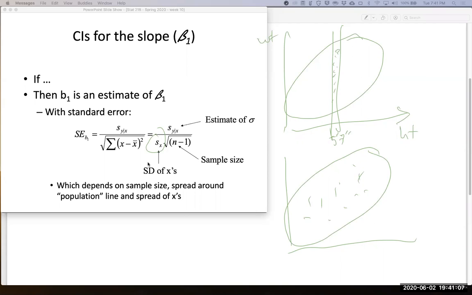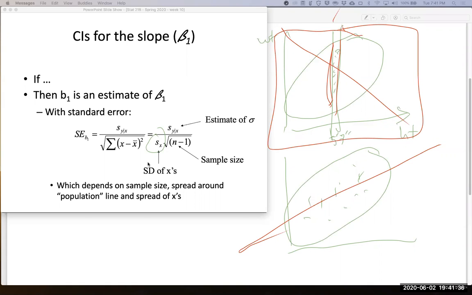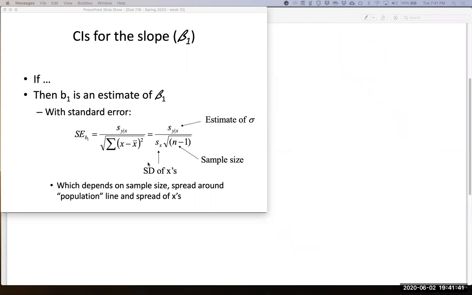My thought again is if you were to show me the data, it's going to be a lot more precisely estimated with a sample with a greater spread of the x's than with all the data in a very narrow range of the x's, where the slope could even be negative because we're only limiting ourselves to a very narrow range of the x's. The line that best goes through the graph here could easily have a slope that's far off of the truth. Okay, so more data is good, more spread in the x's is good.